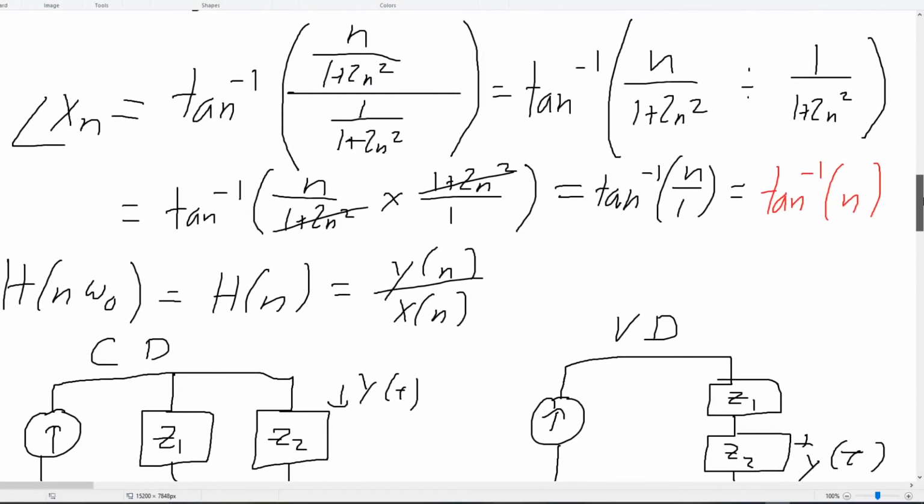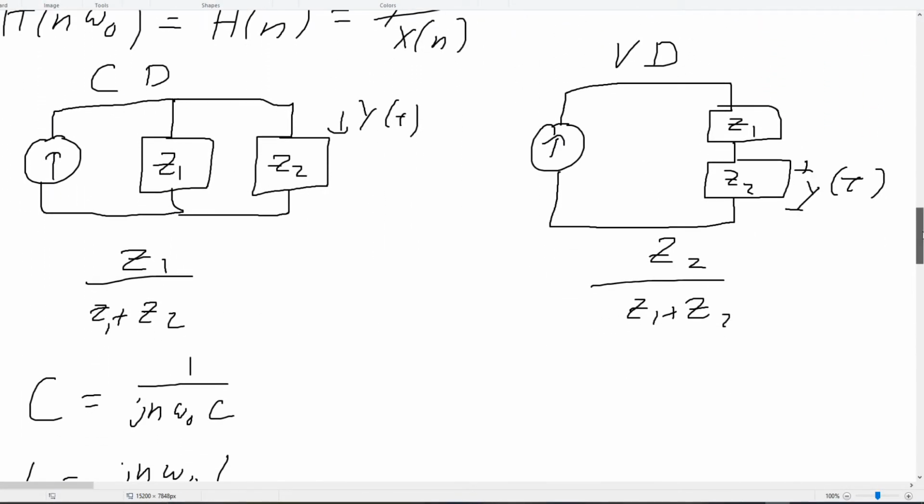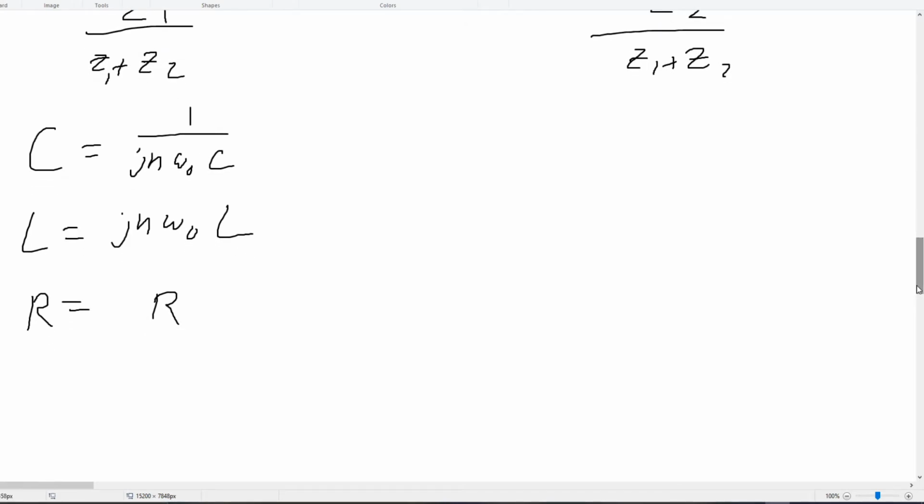So let's do HN. Okay, let's do that right here. So for HN, finally getting onto this part of the problem, finding HN, this is equal to the resistor value, which is 1, I could actually write it in this notation.